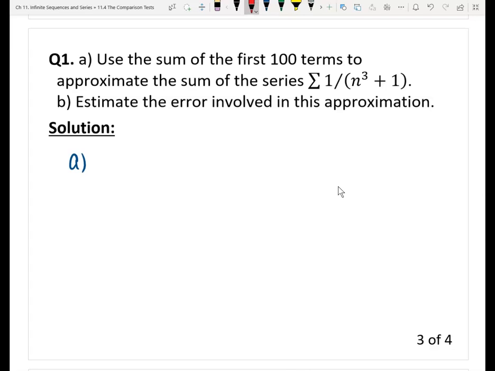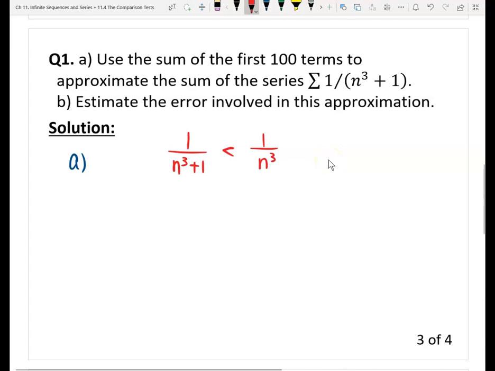Let me just show the comparison directly. Our series general term is 1 over n cubed plus 1, and it is easily controlled by 1 over n raised to the third power. Is this true? Because the denominator is bigger, the fraction is smaller, right? This is the direct comparison.